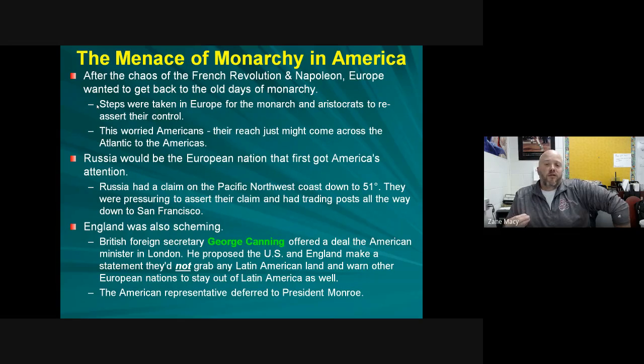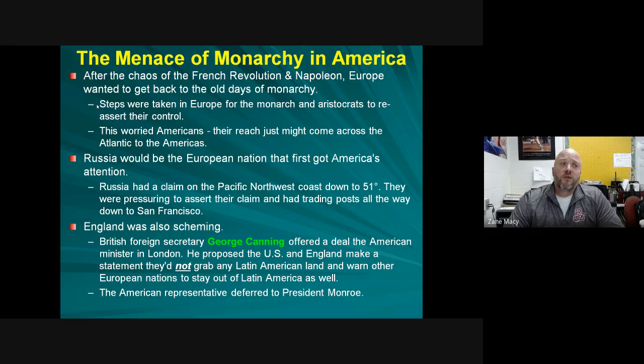Steps were taken in Europe for monarchs and aristocrats to reassert control that they had lost during Napoleon's wars. This worried Americans because they might travel across the Atlantic and might start to come back into the Americas, just as we start to assume our authority on this continent.